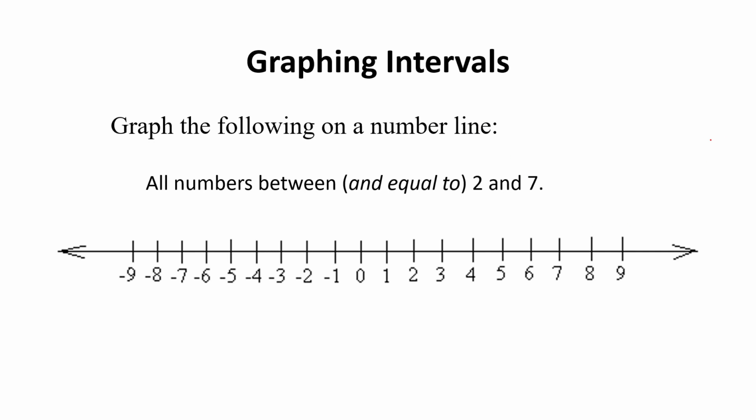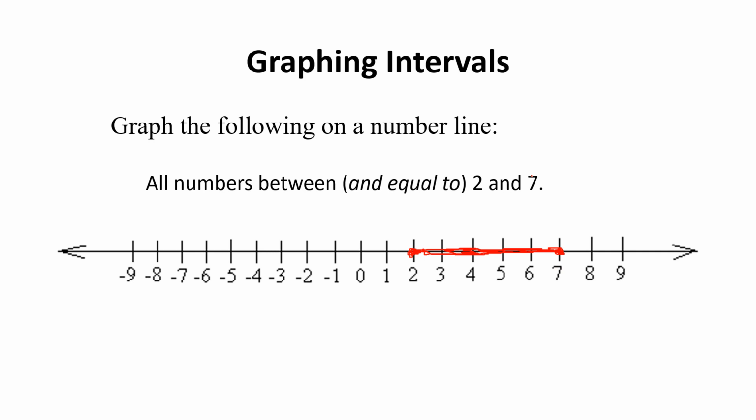So we go to the smallest number, that would be 2, and we want all numbers from 2 and including 7. So this is an interval of numbers, and we color this in to indicate to the reader that any number here in red is between 2 and 7.